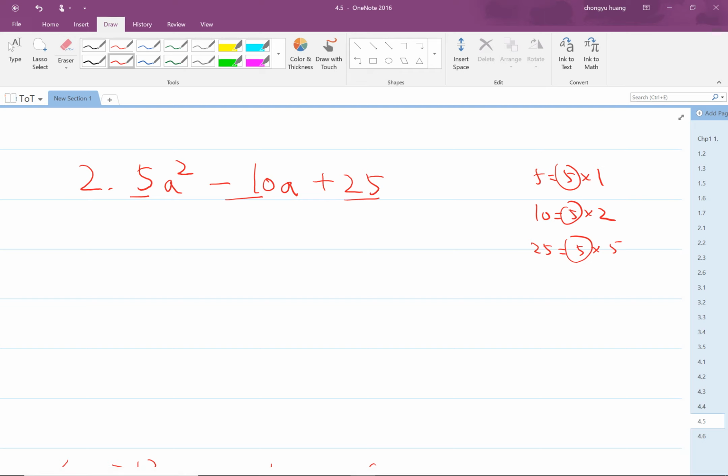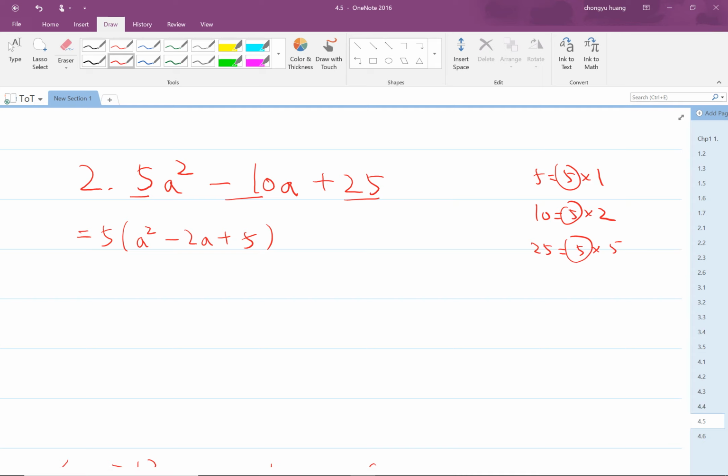You write the 5 out, and then it becomes a squared minus 2a, and then plus 5. Makes sense? Let me write it a little more clearly. It's going to be plus 5. So that's what we have here.